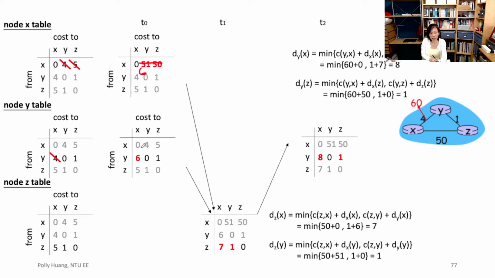Oh, dzz is not calculated. Yeah, you're right. So 6 still here. Okay. But dzz, thank you. It should be dz. Yeah, it should be 0.